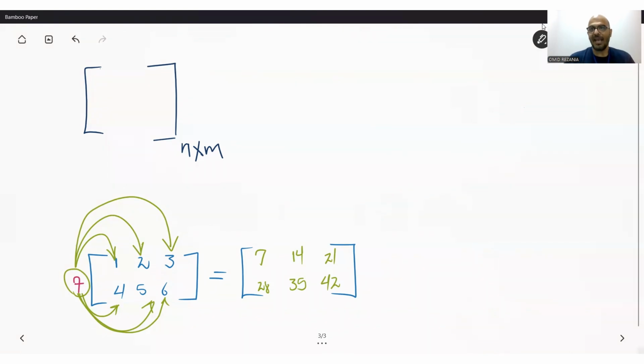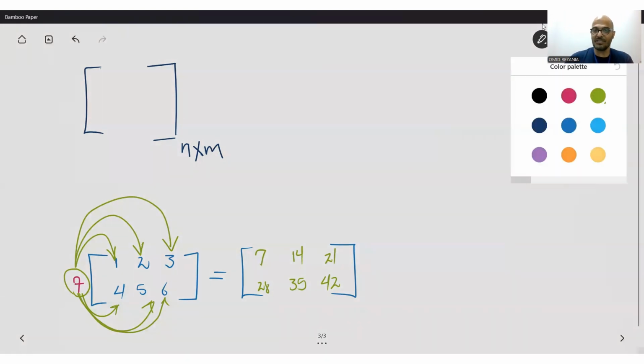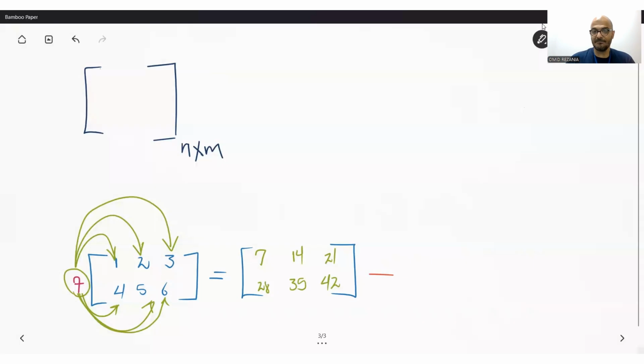As easy as that. Now, as a general rule, I'm going to write this rule here and call it rule number 1. I'm going to call that matrix A, with a ranking of n times m. N times m can be 2 times 3, like the one which we had. A is the matrix itself. If I have a scalar, I call it alpha.